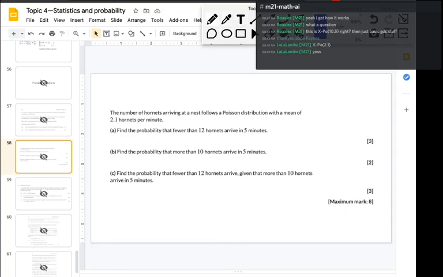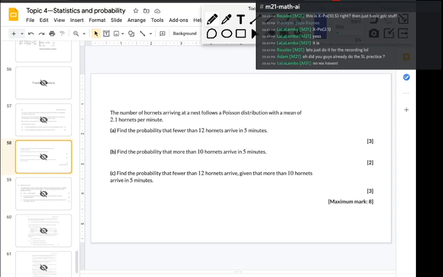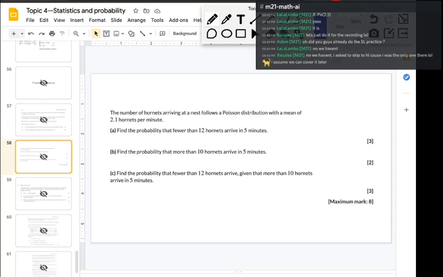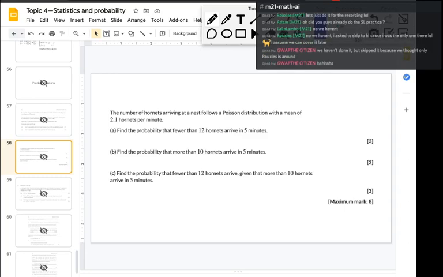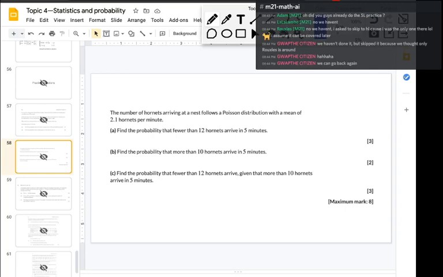2.1 hornets per minute. Find the probability that fewer than 12 hornets arrive in 5 minutes. This first one is just calculator use.